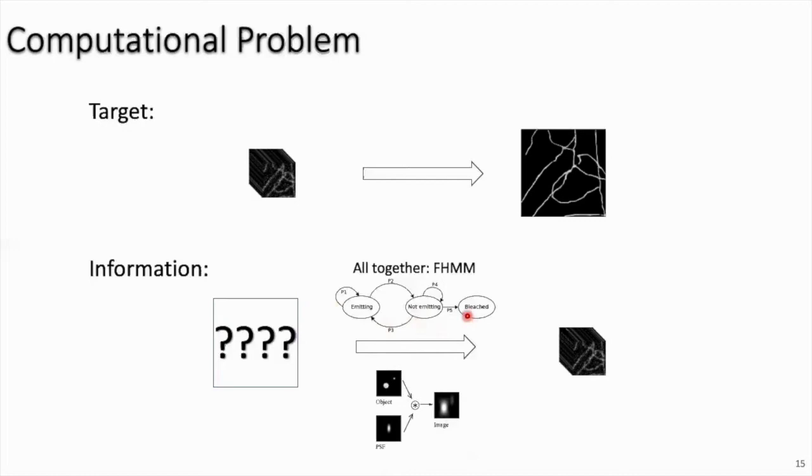Bleached means this protein is broken and it won't emit light anymore. The transition probabilities between different states can be estimated with wet experiments. Regarding the emission probability, that is the shape and the intensity of the light, we can use a famous physical function, the point spread function, to model it. The parameters within the function can also be determined with wet experiments. So putting all those fluorescence proteins together, we can use a factorial hidden Markov model to model the entire thing.